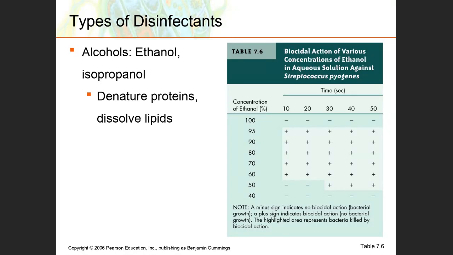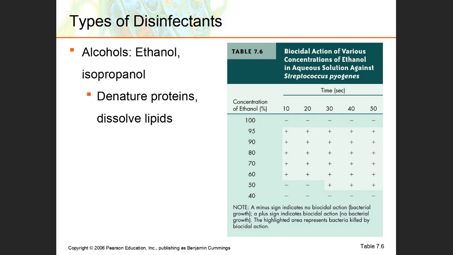So always make sure you check the label on your hand sanitizer, especially if you try and buy it from some place like the dollar store. You need to make sure there's at least 60% ethanol concentration. Most of them are at least 62%, and a lot of them right now, because of COVID, are actually 70%. And so those are all good, but it needs to be at least 60% to be effective.